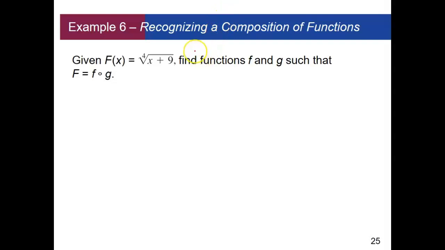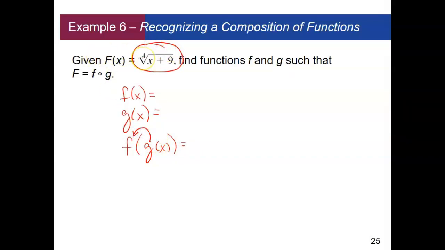Other times you're asked to break a composite function up into the 2 individual functions. So here we want to find an f function and a g function such that if we combine them together as f of g of x, meaning we're going to put the g into the f, we end up with this composite function here. So to a certain extent, it's trial and error.